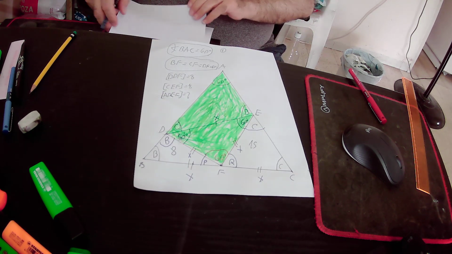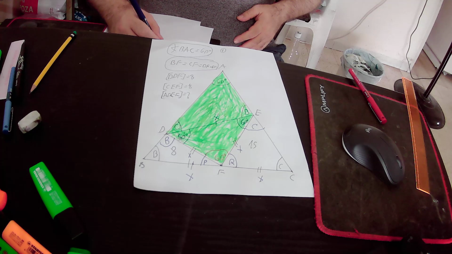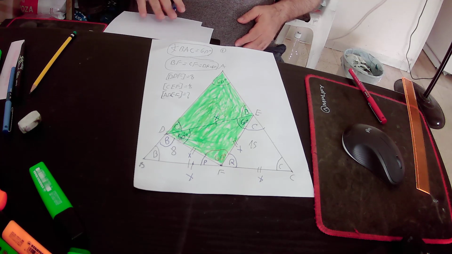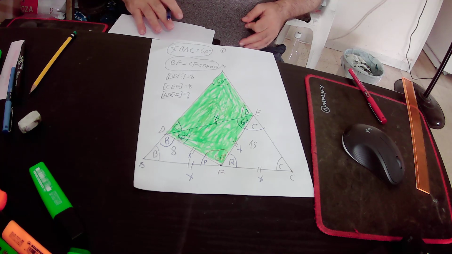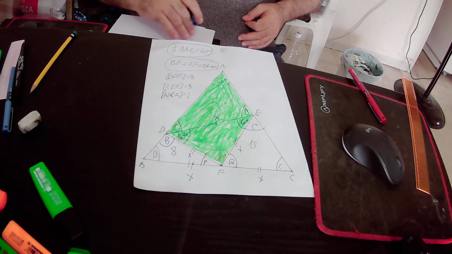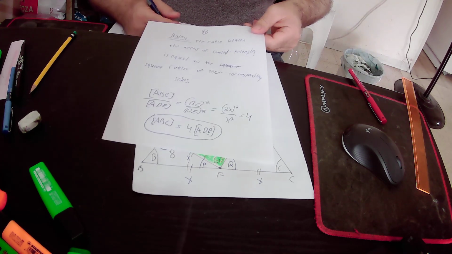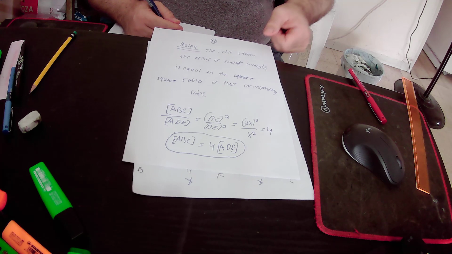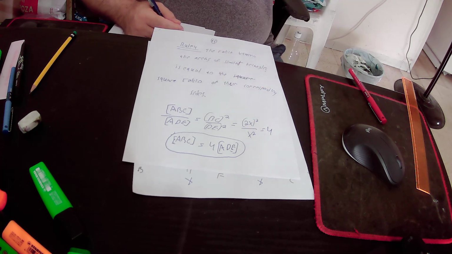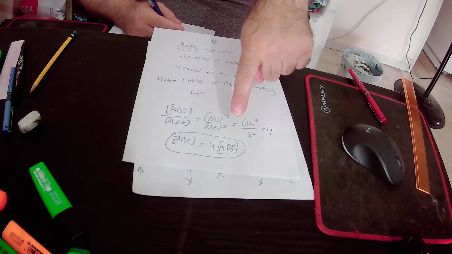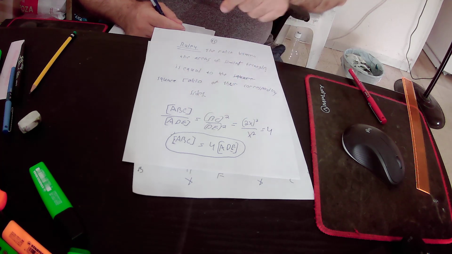So the area of quadrilateral BDEC equals the area of triangle ABC, but we have already found out that the area of triangle ABC equals 4 times the area of triangle ADE, so we can substitute the area of triangle ABC by 4 times the area of triangle ADE.